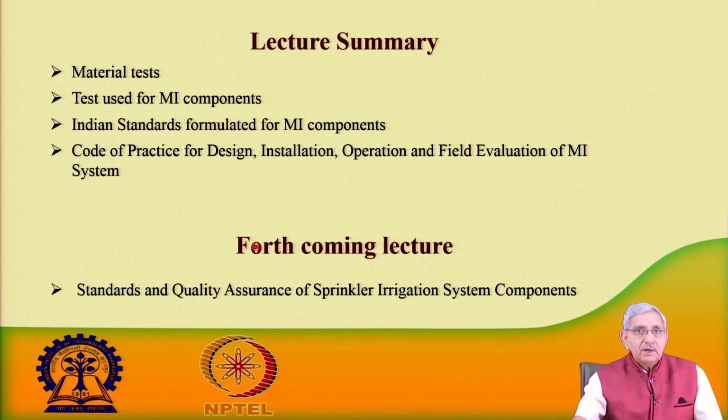To summarize, in this particular lecture we discussed the different types of tests to be used for micro irrigation components, the Indian standards formulated for testing micro irrigation components, and the code of practices for design, installation, operation and field evaluation of micro irrigation systems.